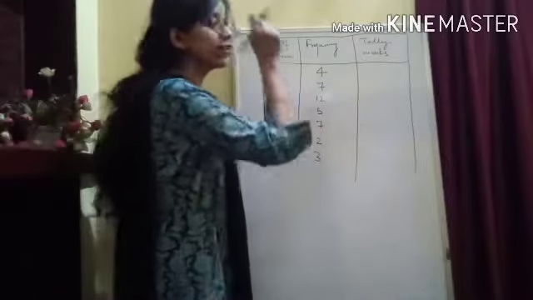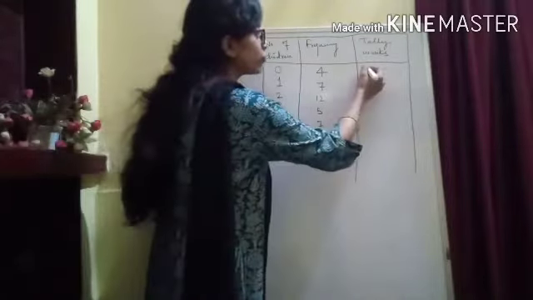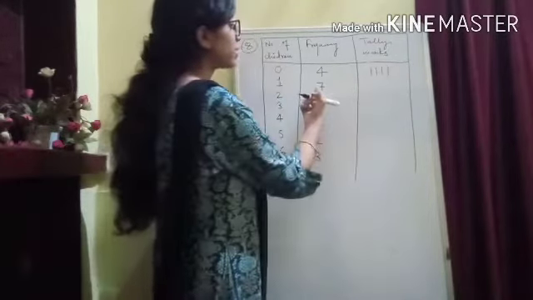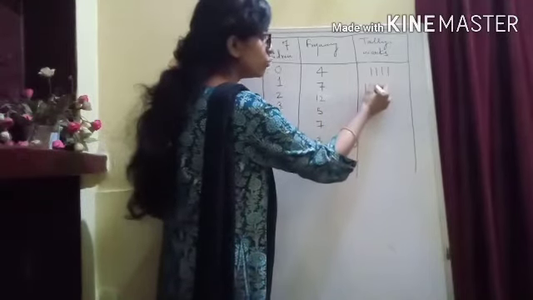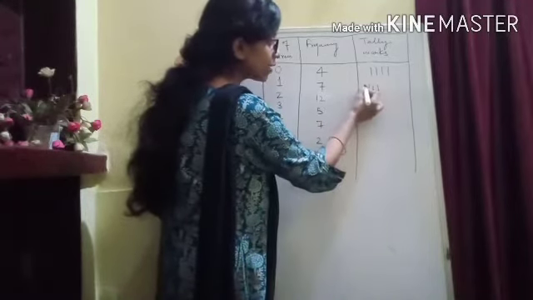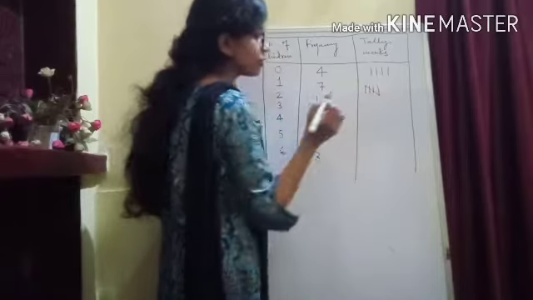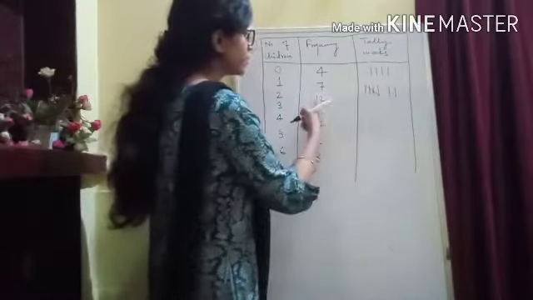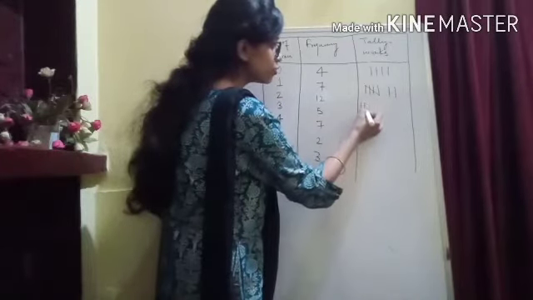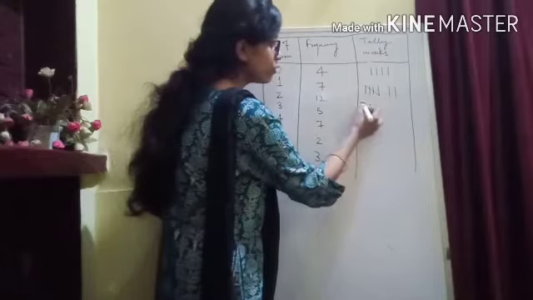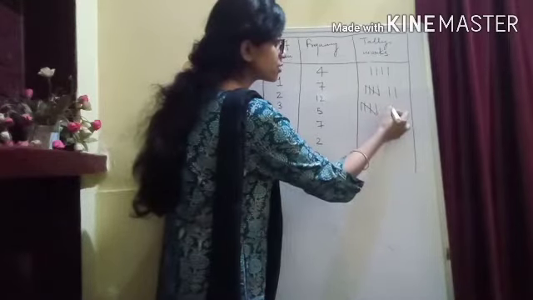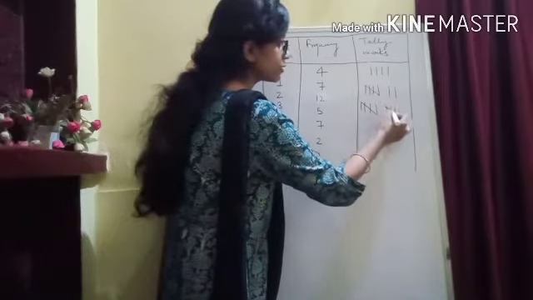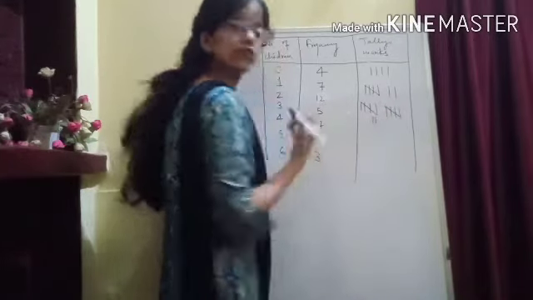Easy. We have to draw the lines. So how do we write 4? 1, 2, 3, 4. How do we write 7? 1, 2, 3, 4, and then a slant line will be 5, 6, 7. Then we have 12: 1, 2, 3, 4, 5, 6, 7, 8, 9, 10, 11 and 12.